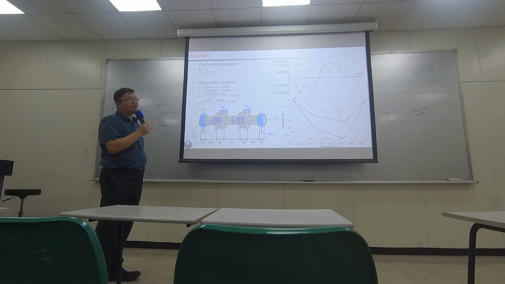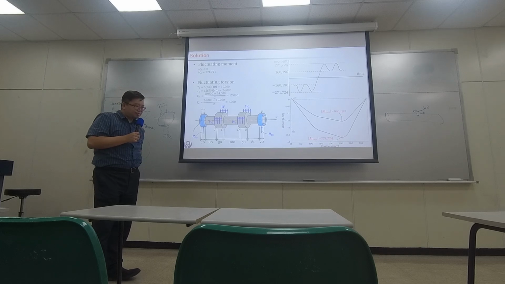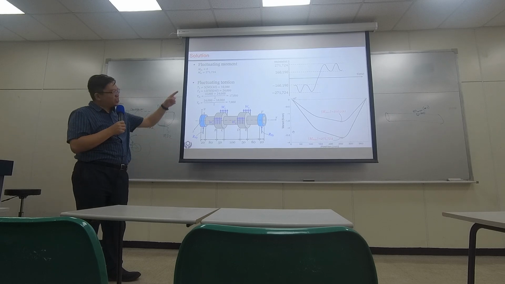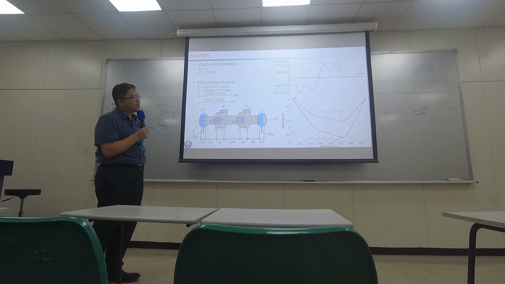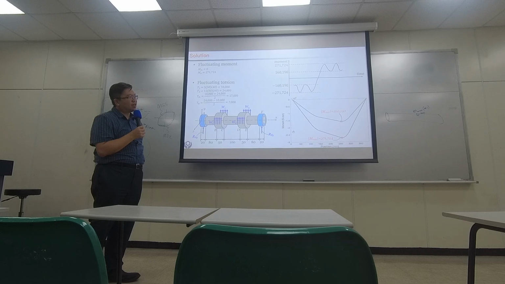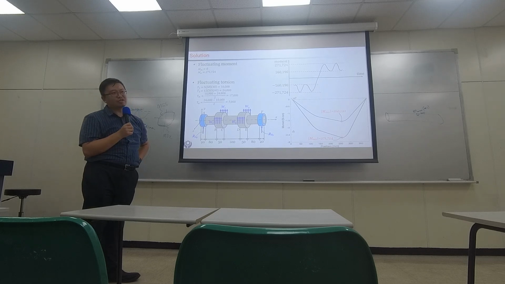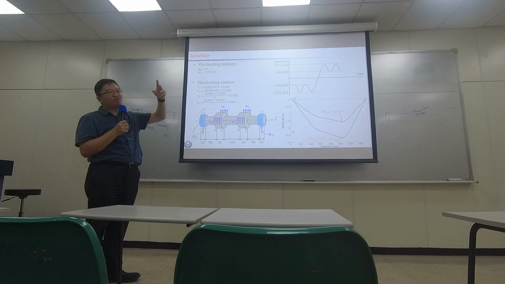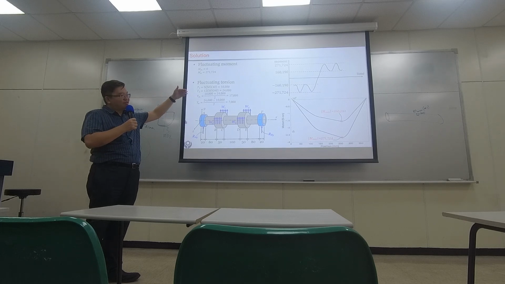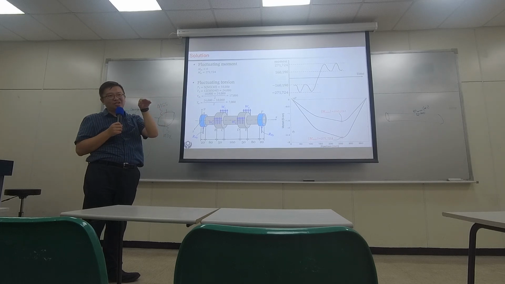Okay, so then, will you be worried about whether this is an accurate estimation? Because maybe the stress profile doesn't look like this. Maybe the mean value is not exactly zero.